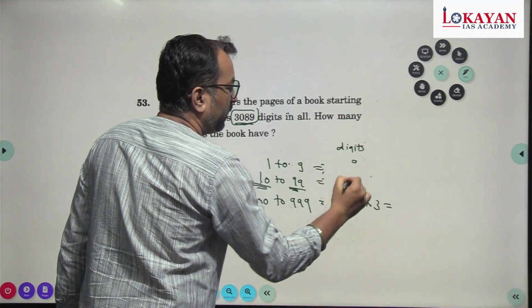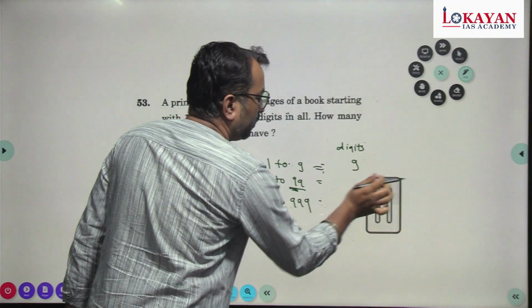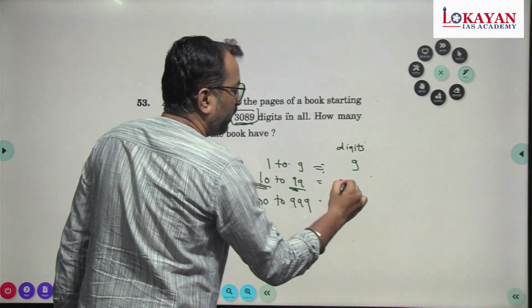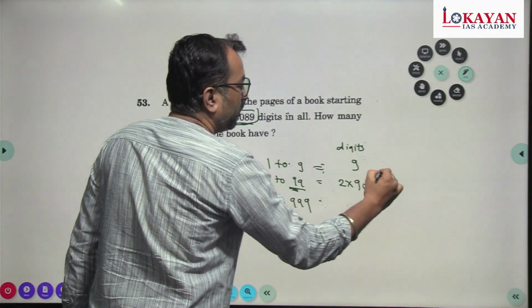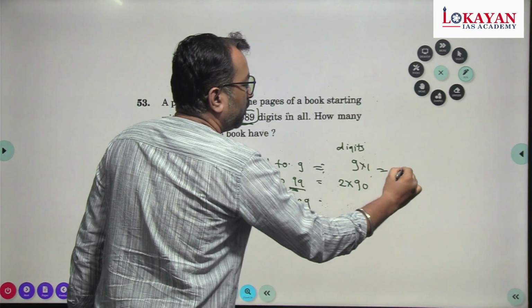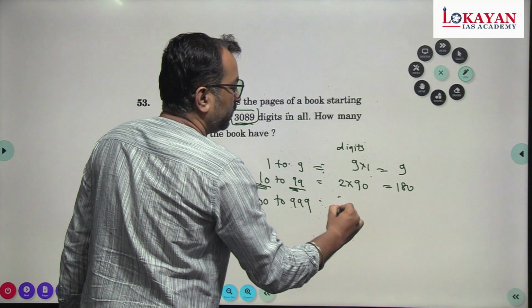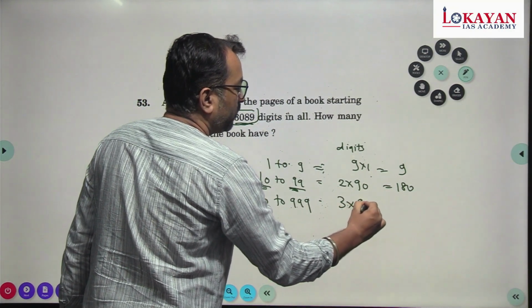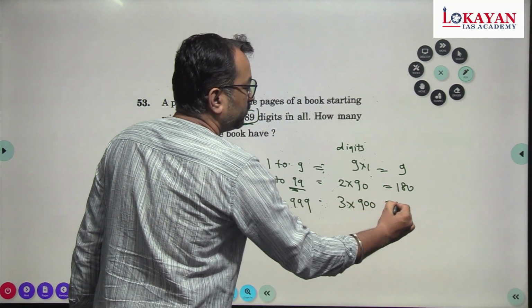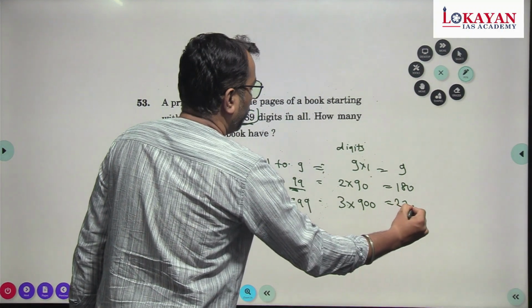See, these were 9. 2-digit numbers were 90 pages. So 9 digits, 180 digits, and 3-digit numbers will be 900 pages, so 2700.